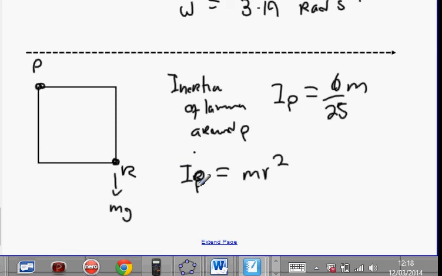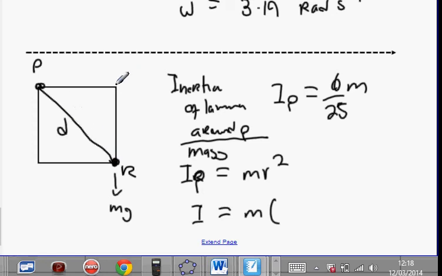And that's around P. So this is the inertia of the point mass here. And we know that it's going to be m times r squared. Now we have to figure out what the distance r is. The distance r is from P to R, this distance here. And that's going to be 0.6 squared plus 0.6 squared. So we need to find out what PR is.